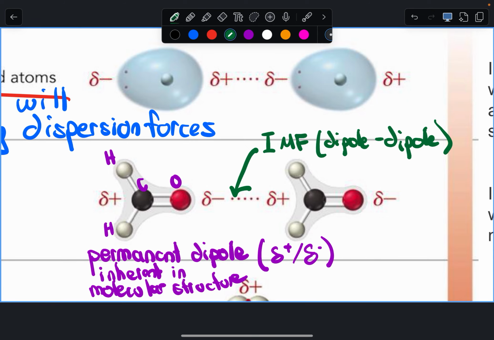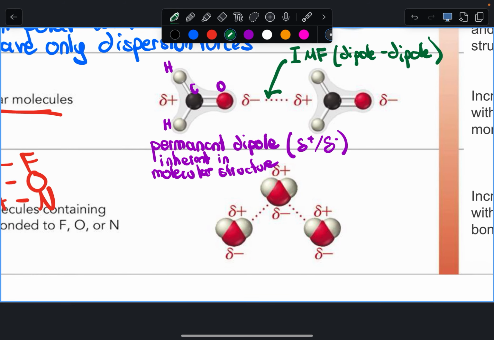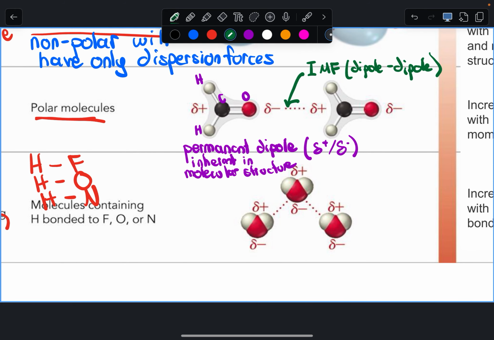Okay, let's do the hydrogen bonding next. I did it the other way in my other class, but gotta mix it up a little bit. All right, so water has one of these hydrogen-oxygen bonds. So what's the big difference? Why does water behave so differently if it's just another polar molecule?